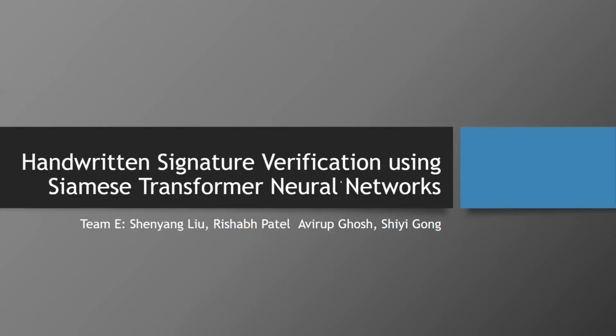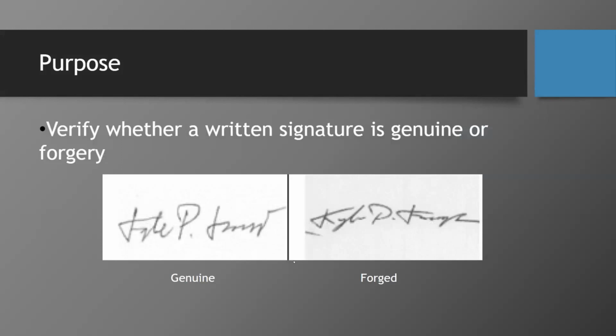Good afternoon, everyone. We are group E. Our group members are Sun Yang, Rachel, Avril, and me. Today our project is hierarchy signature verification using a Siamese transformer neural network. The purpose of this project is to build a visual model to verify whether a writer's signature is genuine or fraudulent.